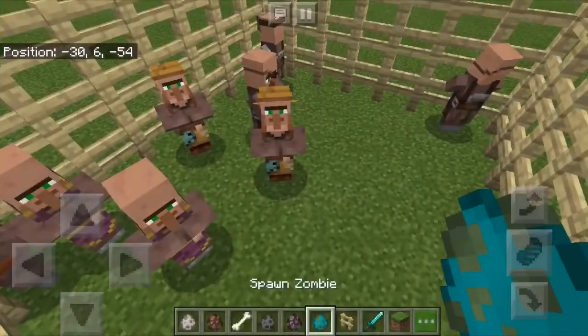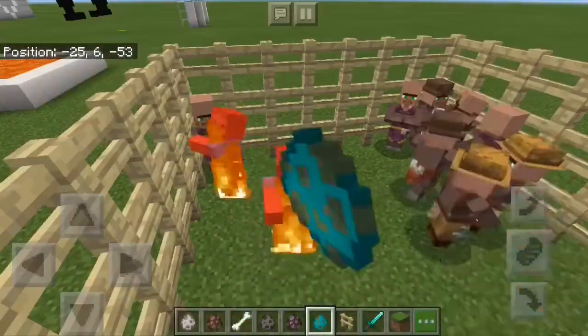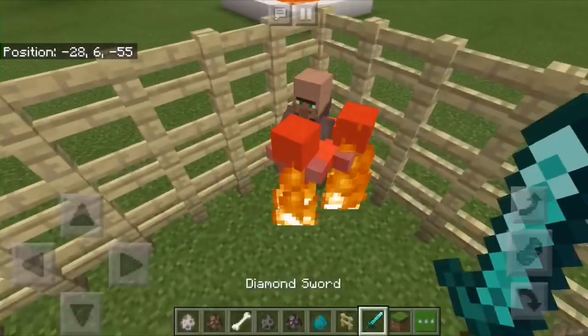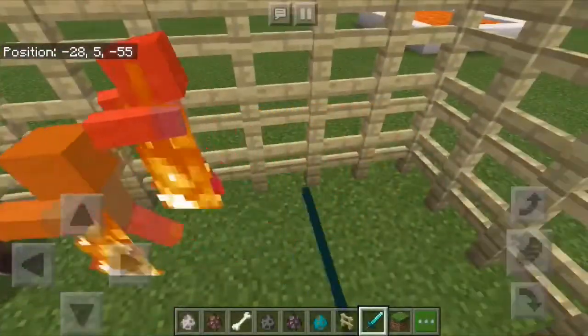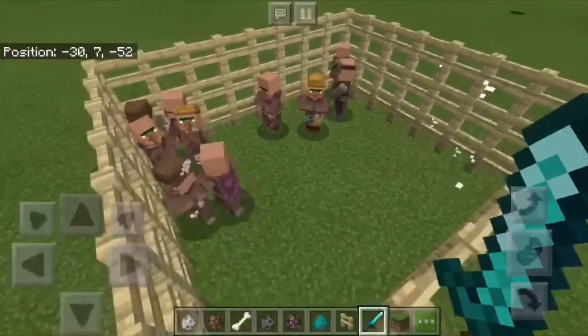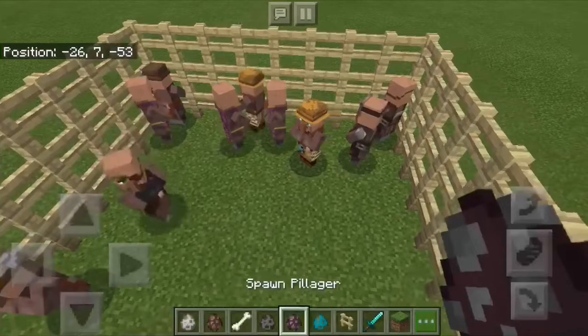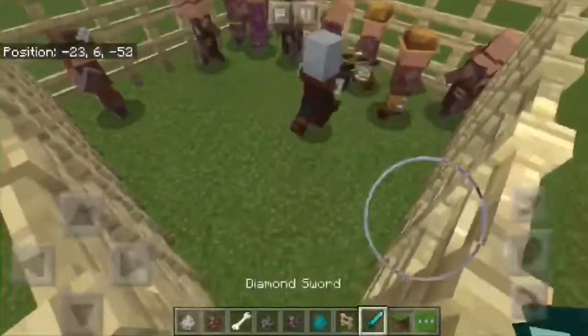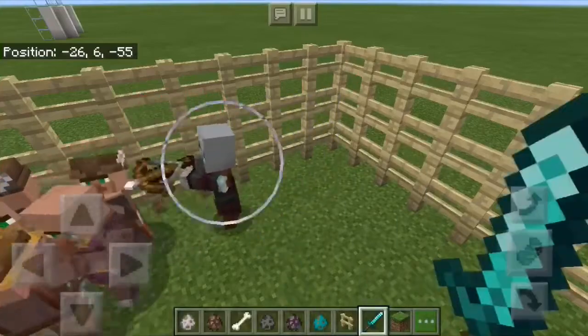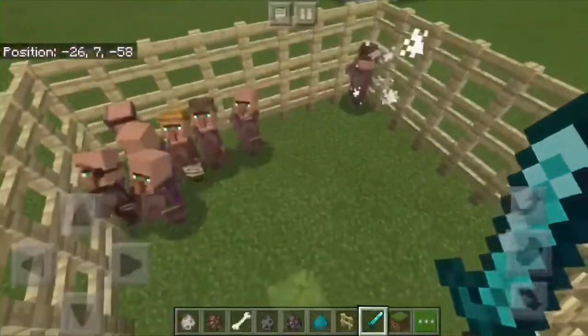For example, zombies. Let's get these out of here. And then pillagers also kill villagers, but let's get him out of here before he does too much damage.